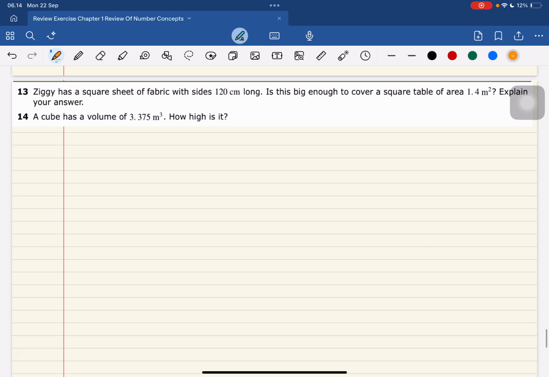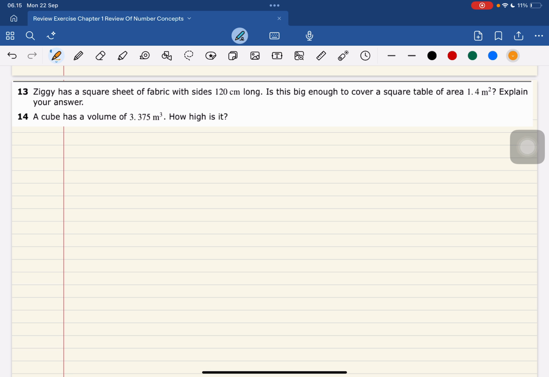Next, 13. Gigi has a square sheet of fabric with sides 1.20 meter long. Is this big enough to cover a square table of area 1.4 m squared? Explain your answer.